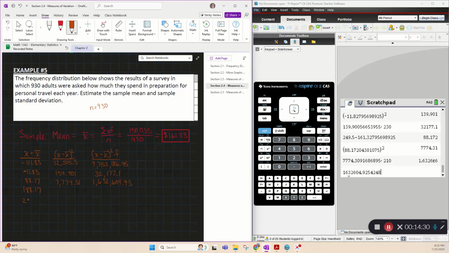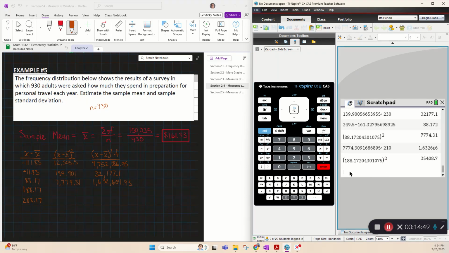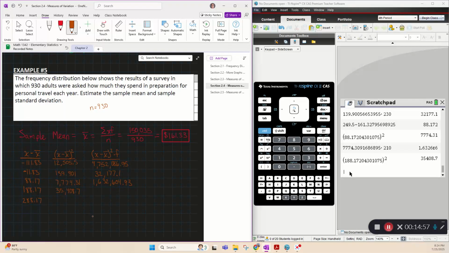Okay, this one's going to be 188.17. And I'm going to go and do the next one, 288.17. Okay, so come here, add a 1 in front. It's going to be 35,408.7.